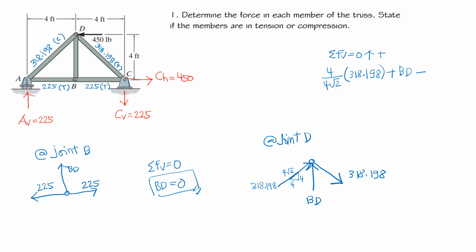We will be using the slope, so 4 over 4 square root of 2 multiplied by this force 318.198. So positive and negative will cancel out, so BD is equal to 0. So tama yung sagot natin dito. Alright, so this member is 0.